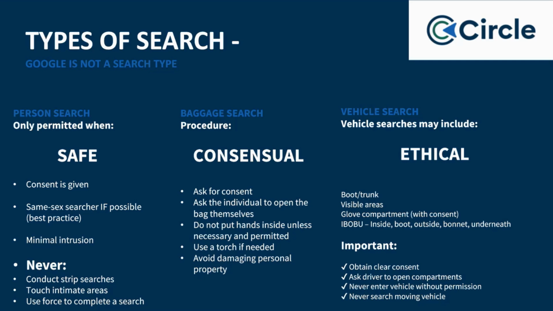Ask the driver to open the compartments to create a safety barrier for yourself in case there is any harmful contents inside. Never enter the vehicle without permission, because that vehicle is their personal property. Therefore, you would be invading their personal space. And never search a moving vehicle. Pure and simple for your own safety and the driver's safety.